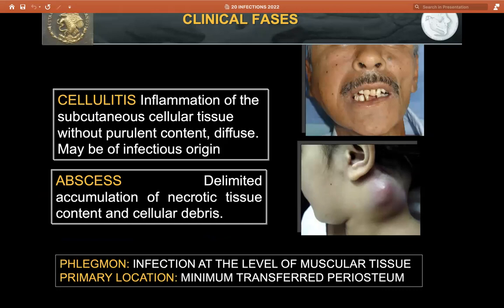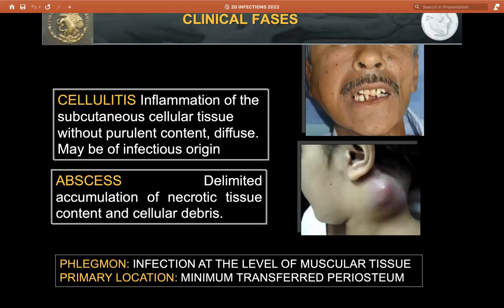Cellulitis is an inflammation of the subcutaneous tissue without purulent content, diffuse, and maybe a sign of infection. Again, maybe, because cellulitis looks exactly the same as a normal inflammation after a surgical procedure. So that's the reason we could get confused sometimes and doubt if it is an infection or just an inflammation.